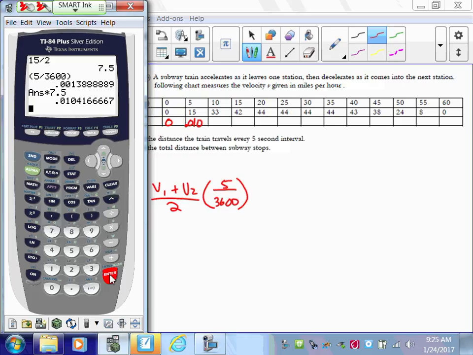So this one should be 0.033. So that's what we have to do: add up the distances all together at the very end.